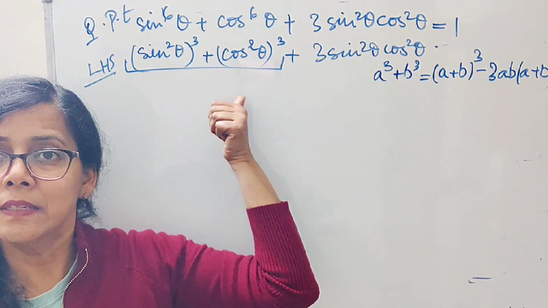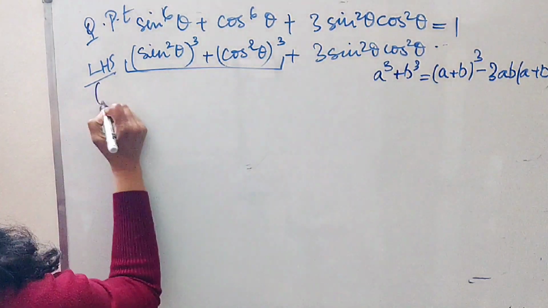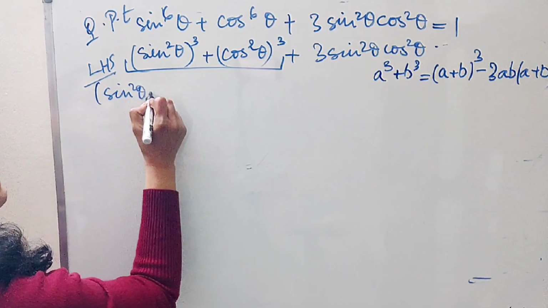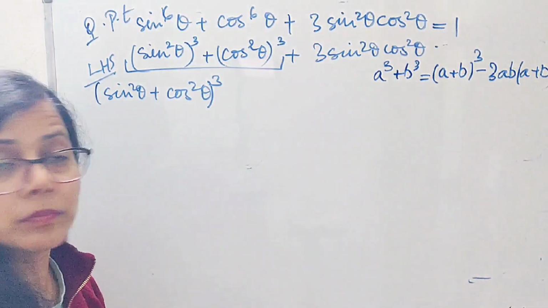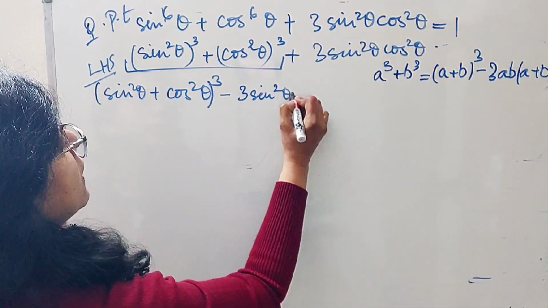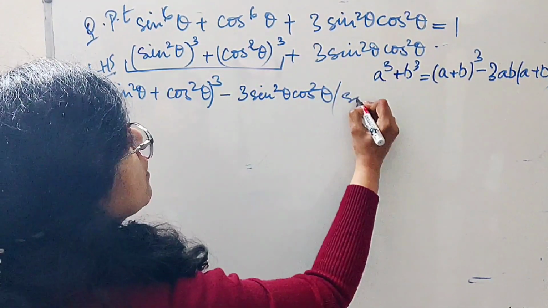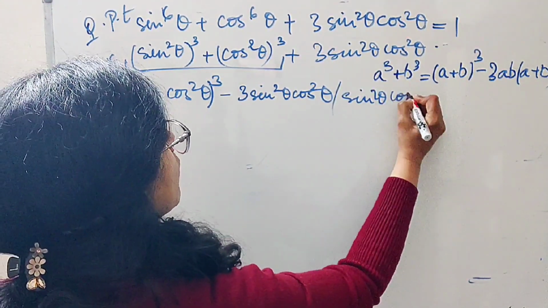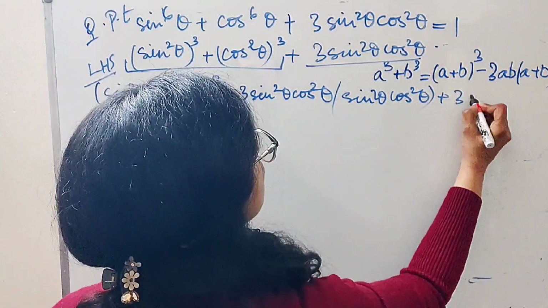So this will become a plus b, a is sin square theta plus cos square theta whole cube, then minus 3ab, means sin square theta cos square theta, then bracket a plus b, again sin square theta plus cos square theta, and this is left, so write down this here, 3 sin square theta cos square theta.